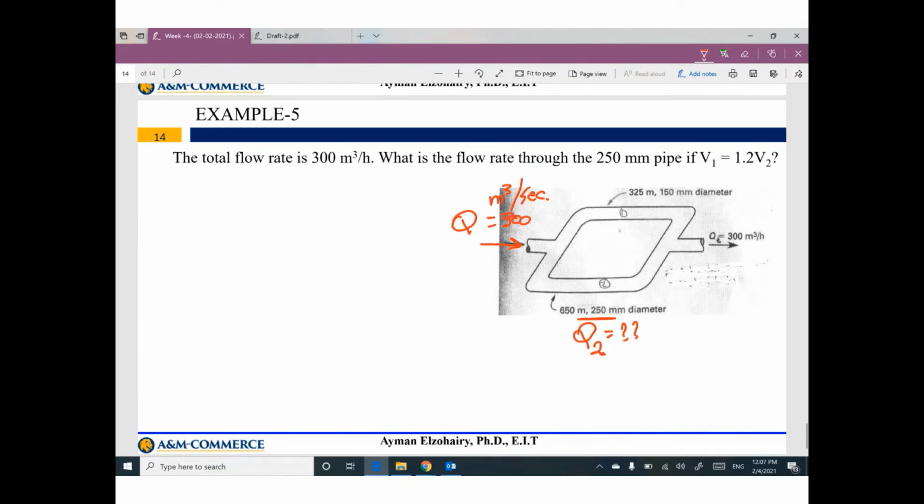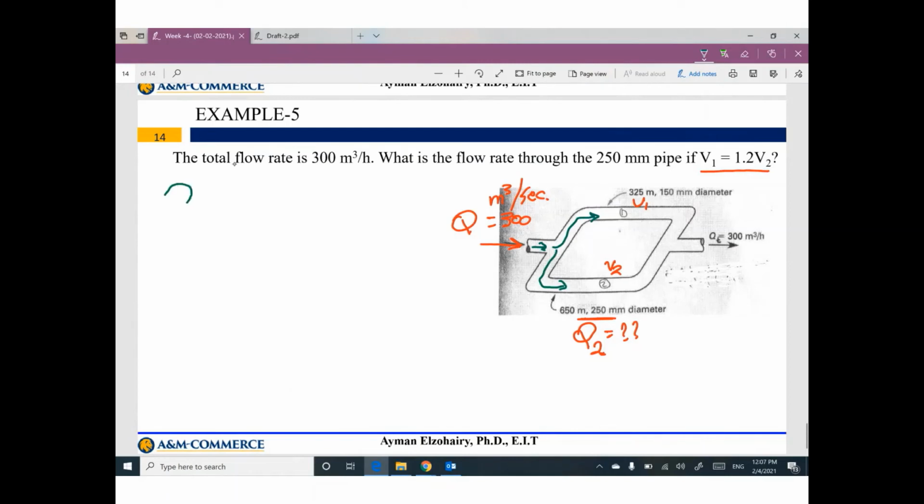We have given information that velocity in branch number 1 is V1, velocity in branch number 2 is V2. We have a relationship between the two velocities: V1 equals 1.2 V2. Let's see. Do you remember, if you have a main entrance and this main entrance is divided into two branches, what do you have?